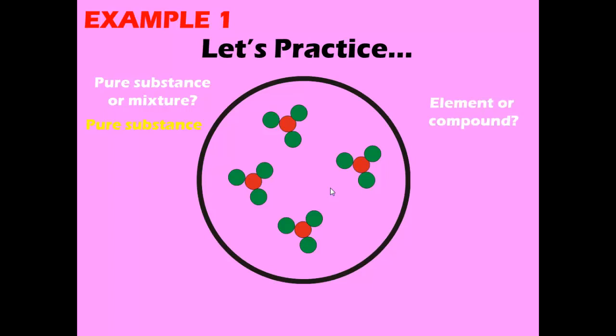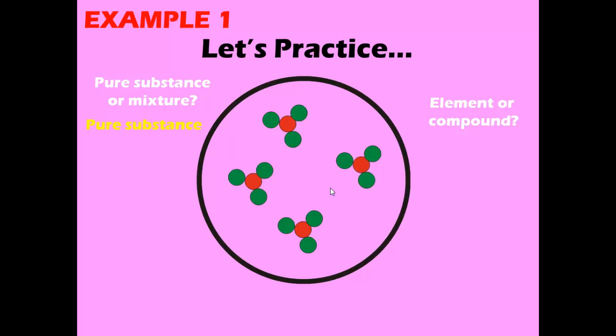Our next question, if this is a pure substance, that means it can only be one of 2 things. Are we looking at an element, or are we looking at a compound? Take a moment and think about that and try to commit to an answer. You should be asking yourself, do I see one type of atom? In other words, does every single atom in this box look identical to the next?